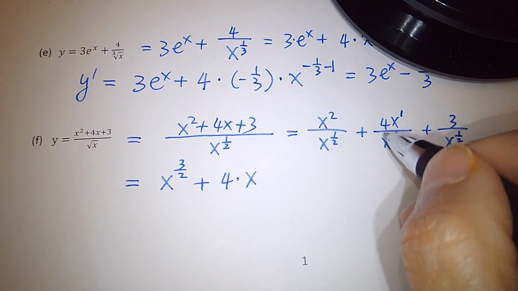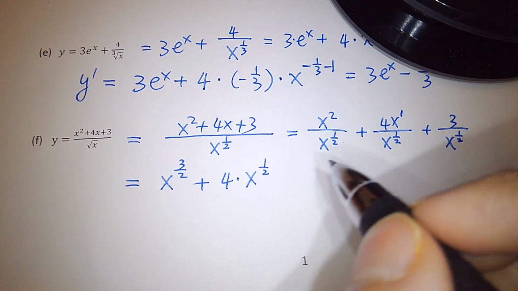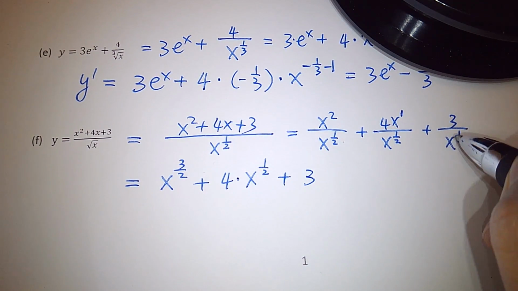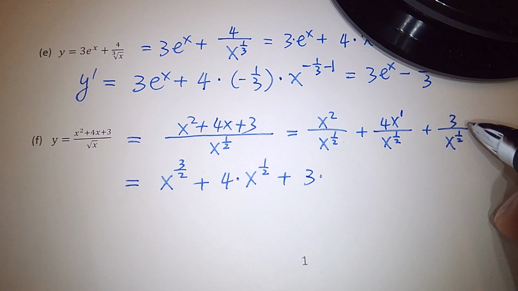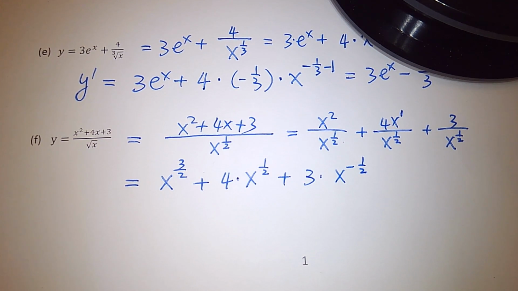Keep x, 1 minus 1/2, and 3 times 1 over, which gives us negative 1/2. You guys, everybody?